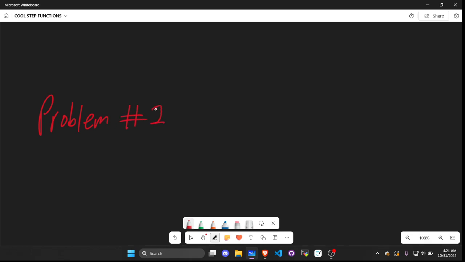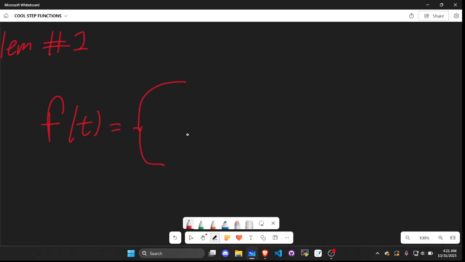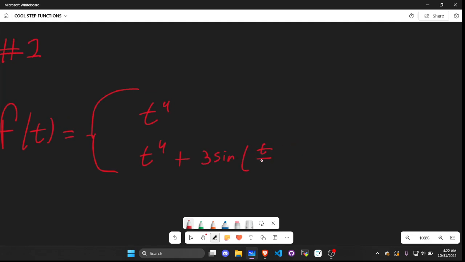So our interesting problem is not going to be an initial value problem. It's not going to be anything like that. It's just going to be rewriting a function as a step function. So we're not going to use the Laplace transform we just derived, but we're going to become a little more familiar with step functions themselves by writing this function: t to the 4 plus 3 sine of t over 10 minus 1/2.